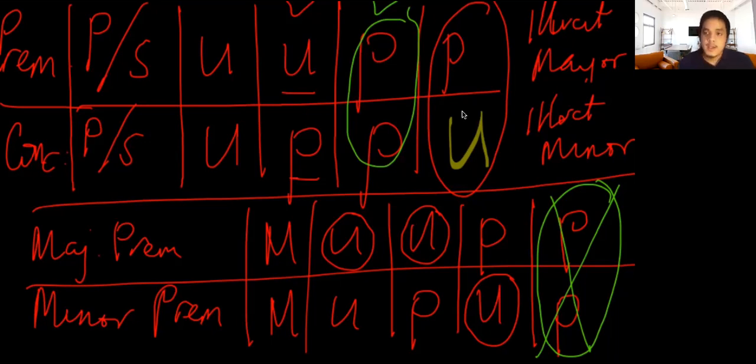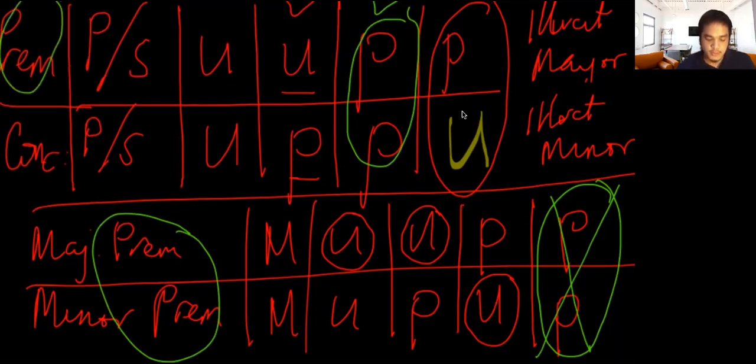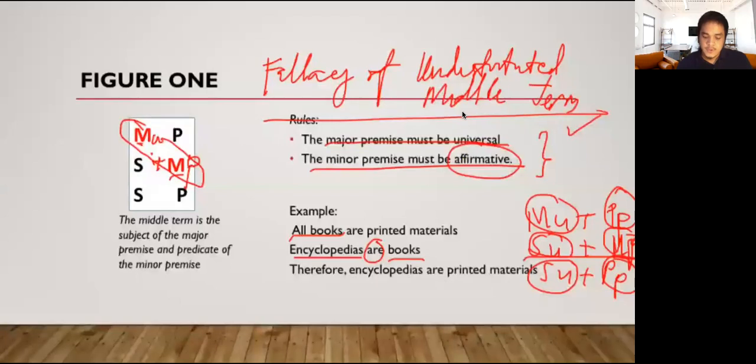Because the middle term deals with the premises, whereas the major and the minor terms deal with not just the premises, but also the conclusion. So they are entirely different. Okay, so that's figure 1.